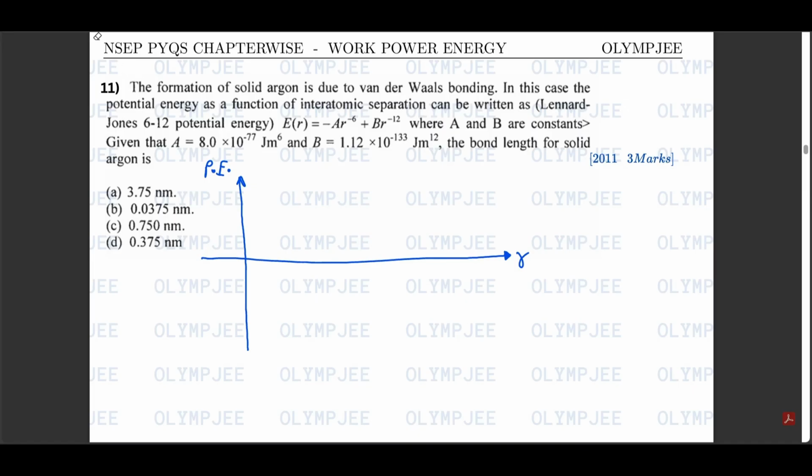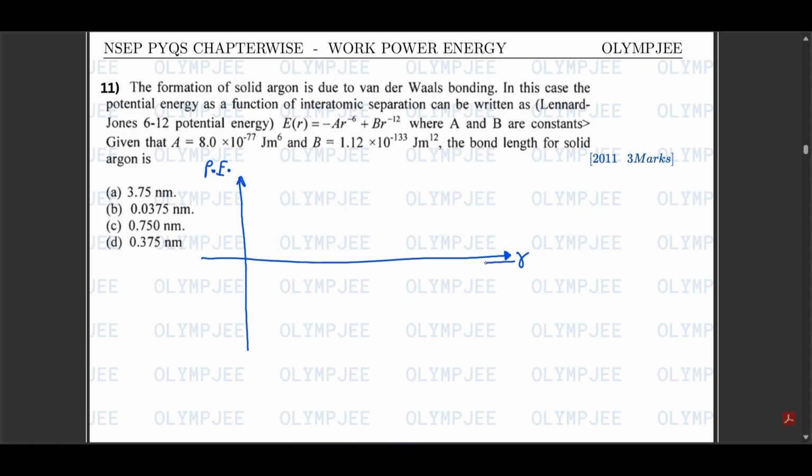When the atoms are at infinite separation, the potential energy is assumed to be zero between them. And as they come closer, the attraction between the particles increases and the chances of bond formation also increase, and bond formation stabilizes the molecule.